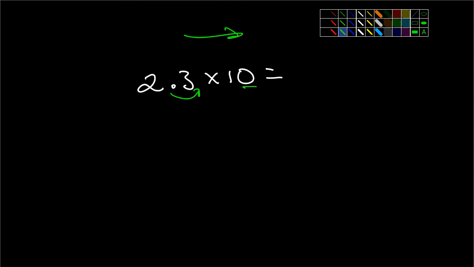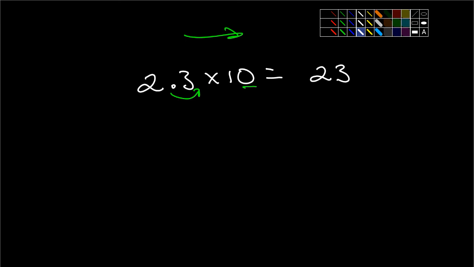So the answer to 2.3 times 10 is 23. I said it makes the number larger because you move the decimal to the right. I mean, what's larger, 23 or 2.3? 23 is obviously bigger.